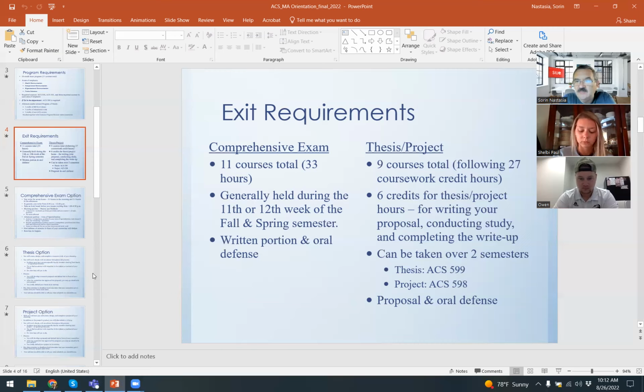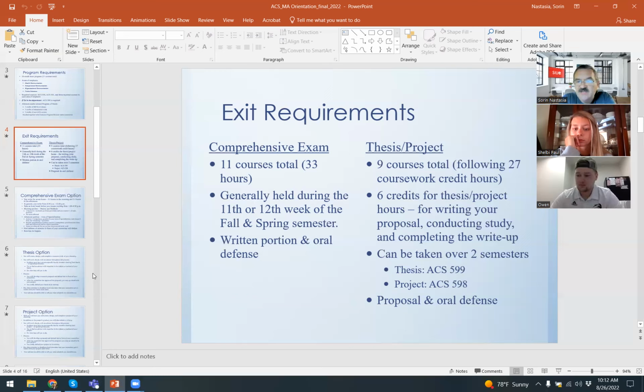Again, the websites that I showed you earlier become relevant if you want to do thesis or project, because there will be certain formats, certain requirements, not only from our department, but also from the graduate school itself. It can be taken over 2 semesters.